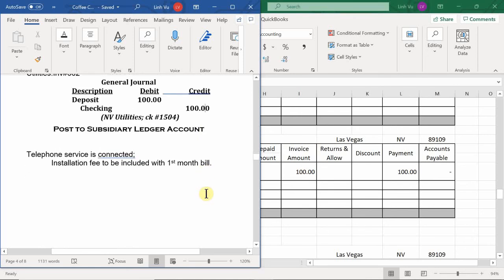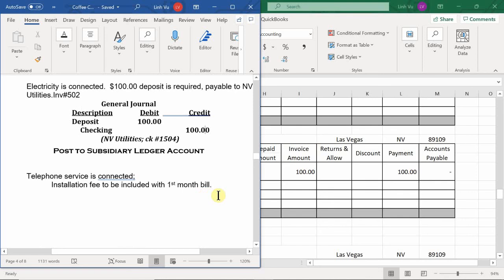So we connect the telephone and we receive one month bill, but we don't know how much. A telephone service was connected, so we ordered through a telephone company. We didn't receive anything yet.